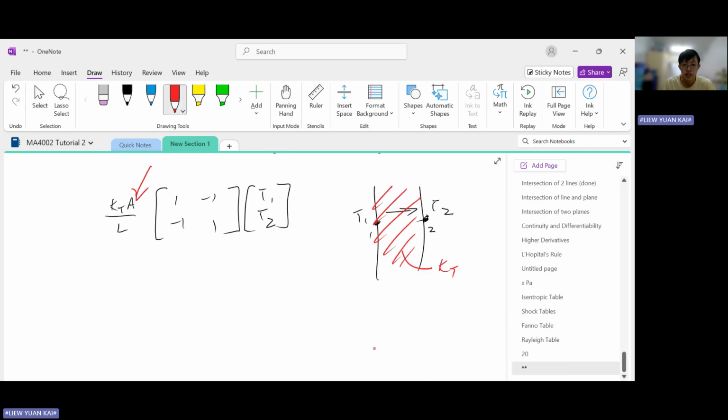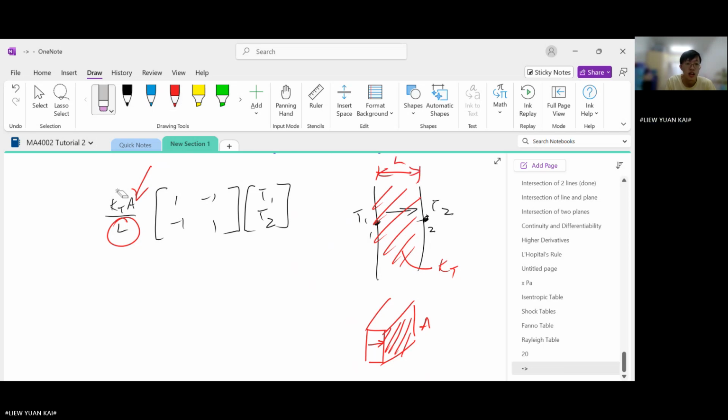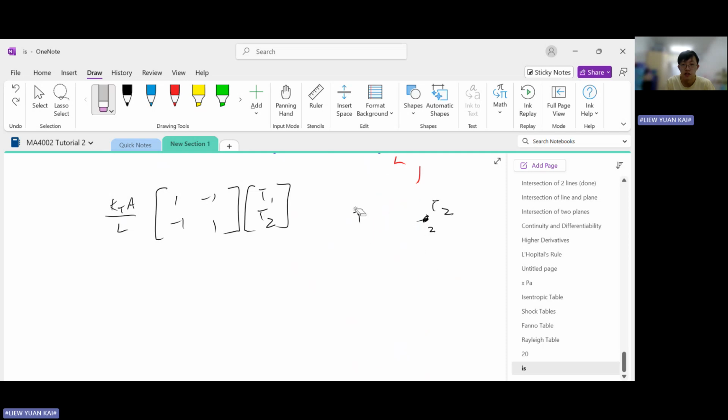So if I draw this wall in 3D like that, and if heat is conducted through this wall, then A refers to this cross-section area, the area through which conduction occurs. L refers to the thickness of the wall, so how thick this wall is. And T1 and T2 are the temperatures at each node.